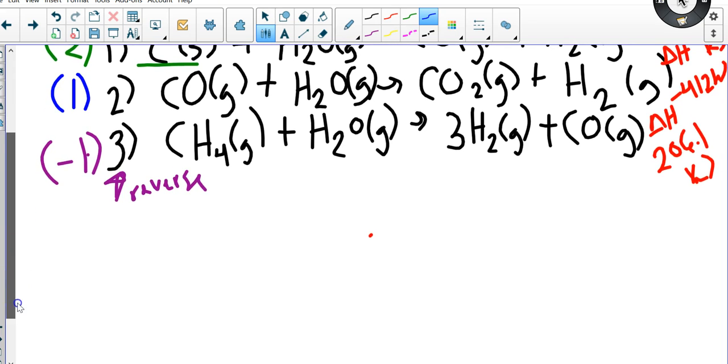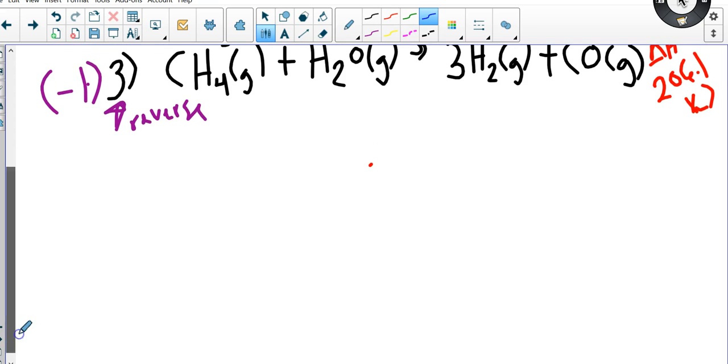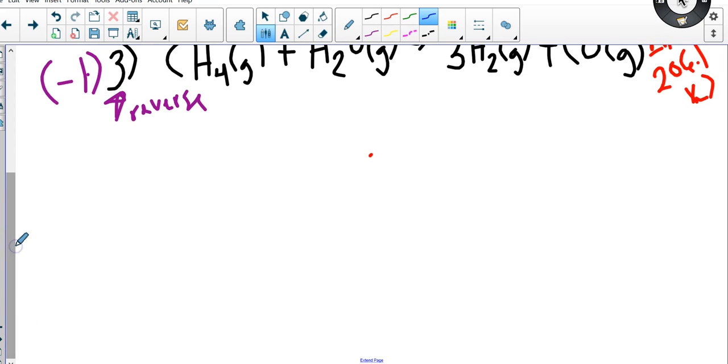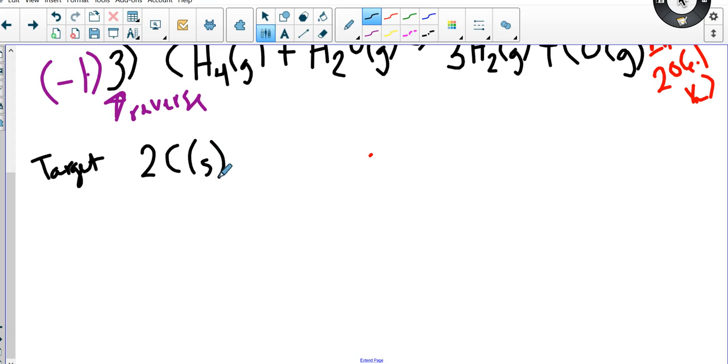I got to scroll down because I got to redo this. I'm going to rewrite the target as well. Signs. That's kind of a big deal.